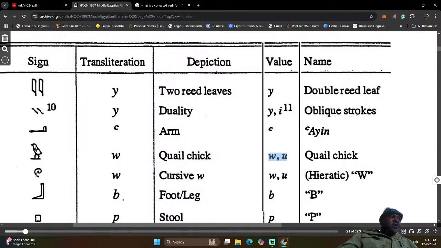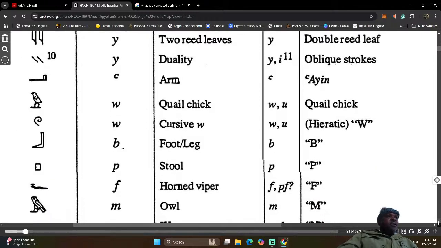Here's another rendition of a U, a W or a U. But notice in transliteration, they should always be W. Now, here's a B, and in the pronunciation, it's a B too. Here's a P, this square looking thing. This B is a foot or a leg. This P is a stool. It just looks like a little square. It's also pronounced P. Let's see which ones aren't pronounced.